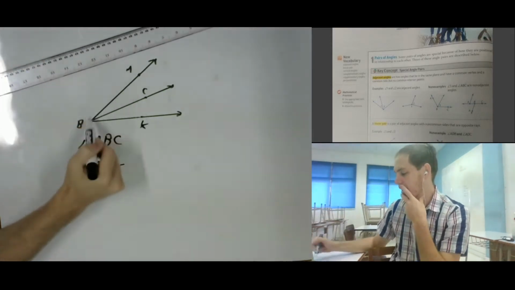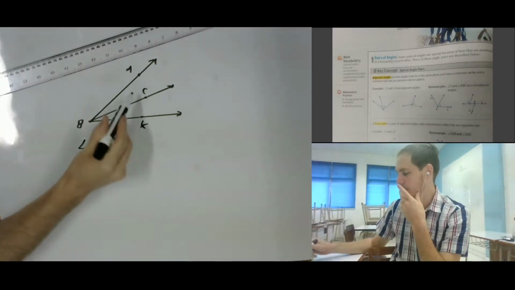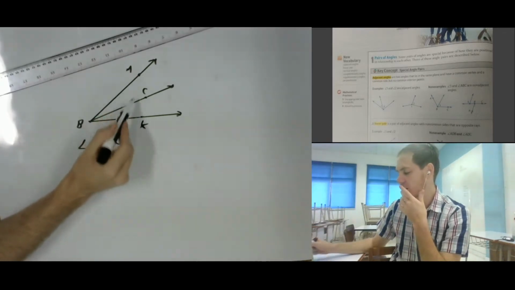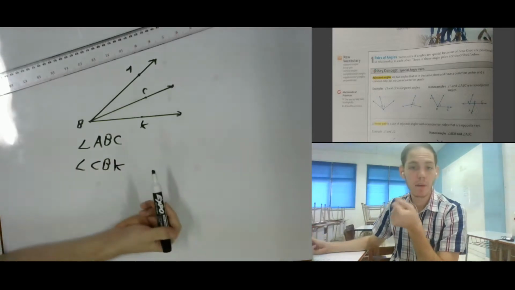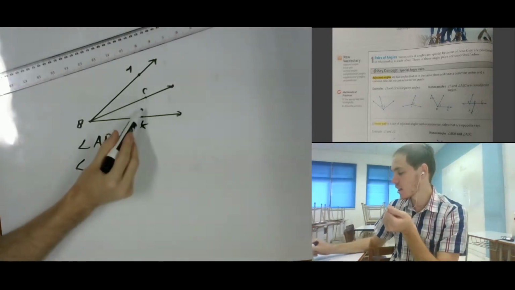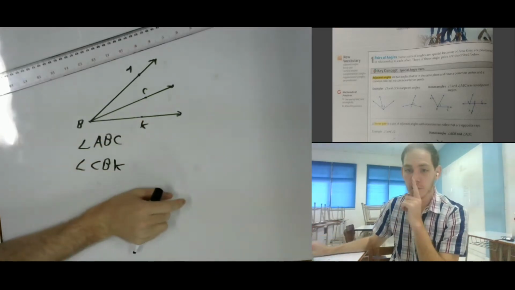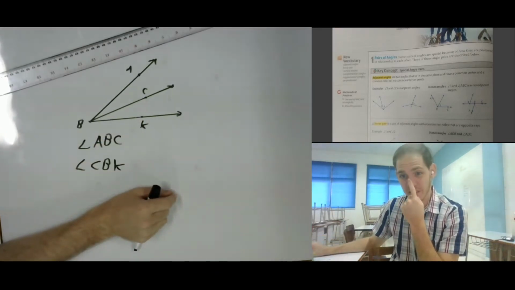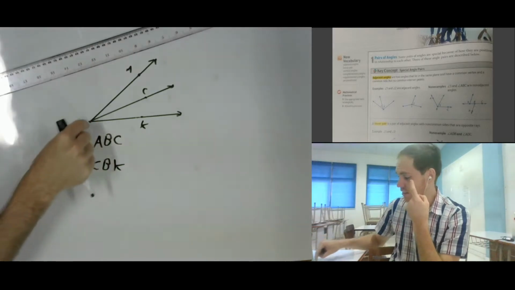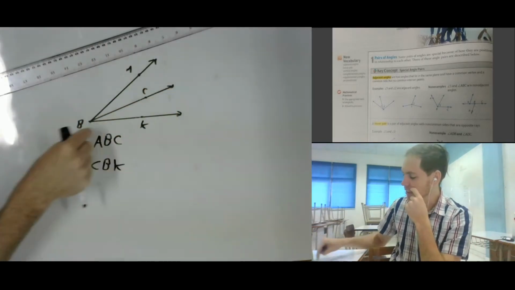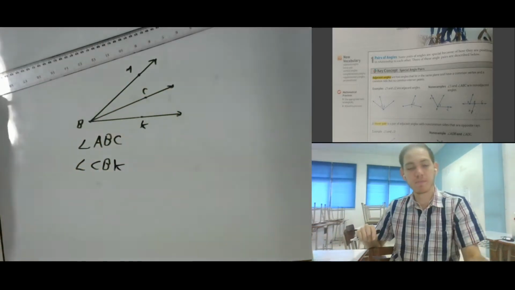But you see ABK isn't, because these two don't share common interior points, because I put a point here, it's not in the same other angle, but they also have to have adjacent sides. So that side BC is adjacent, okay?